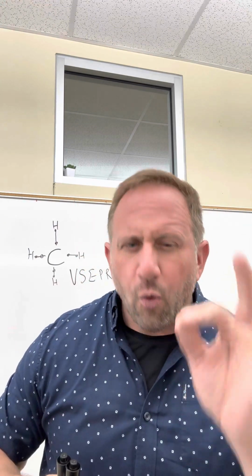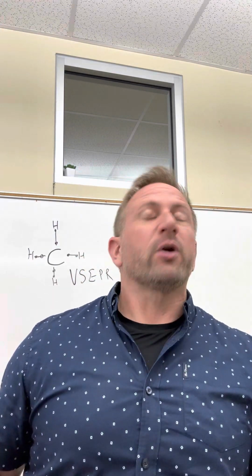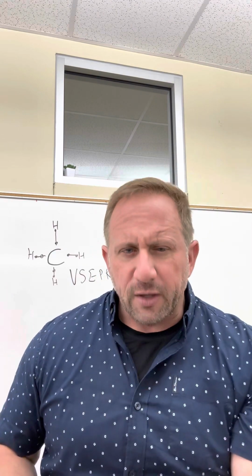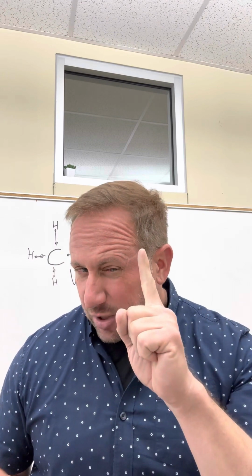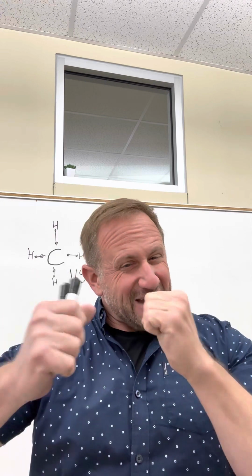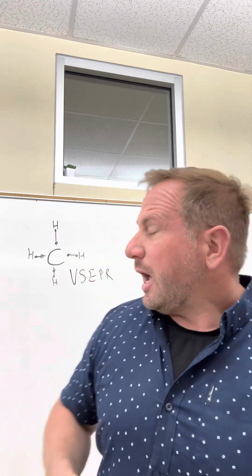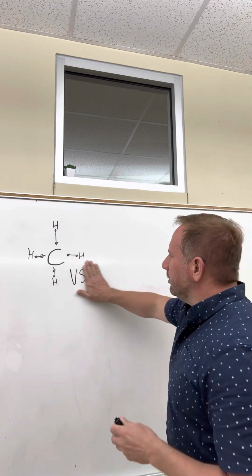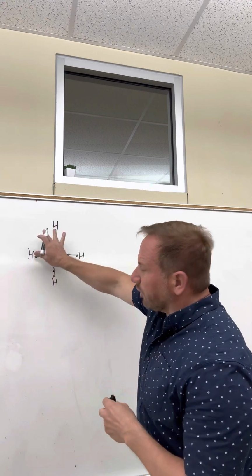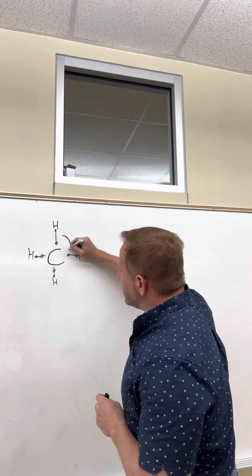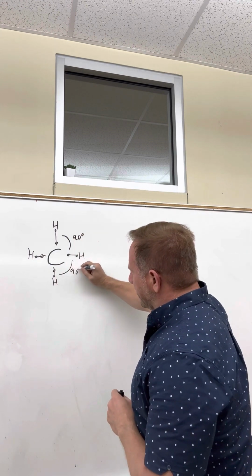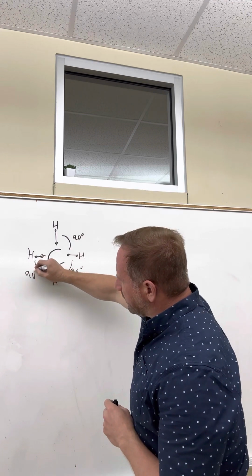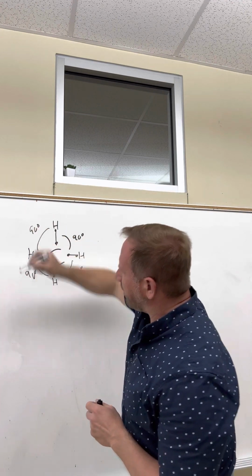And so the goal, once again, I've said this 42 times already, the goal is to create as much attraction as possible, maximize attractions, but we want to minimize repulsions. We want to minimize that negative to negative push away. And so this right here, for 4 things around the central atom, this is a 90-degree bond angle, 90-degree bond angle, 90-degree bond angle.